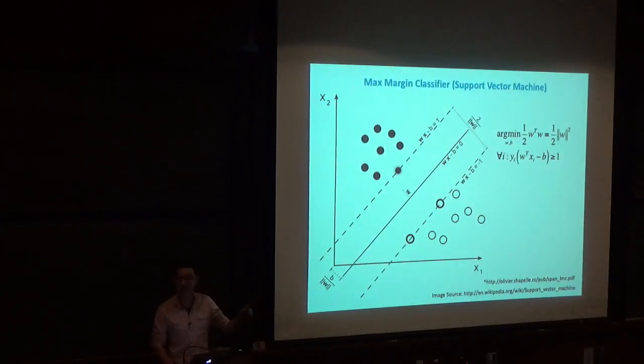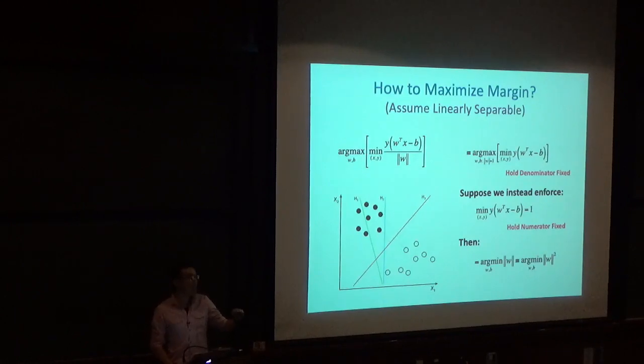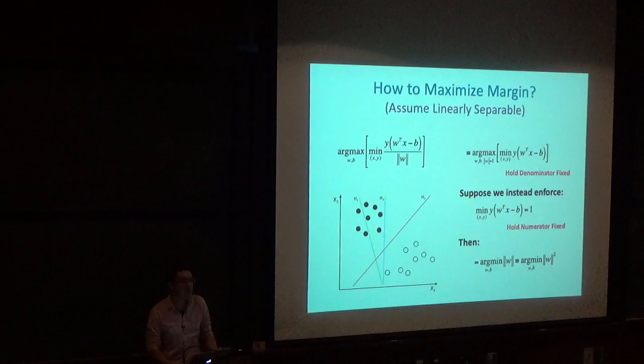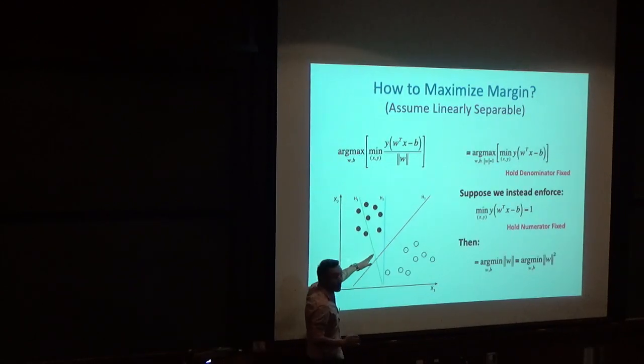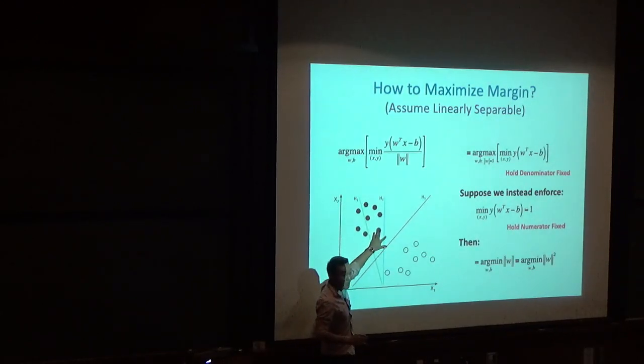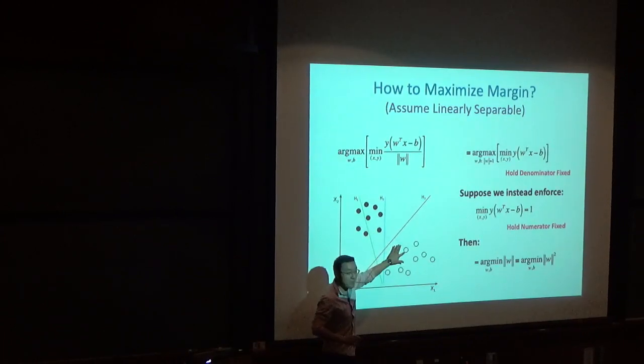Are there any other questions at a high level? Yes? Just a quick question about the margin. When you're calculating the margin, you're finding the minimum on just one side or both? So it turns out that it's going to be symmetric. For example, if I slide this guy up, this is the minimum margin. If I slide this guy down, this is the minimum margin.